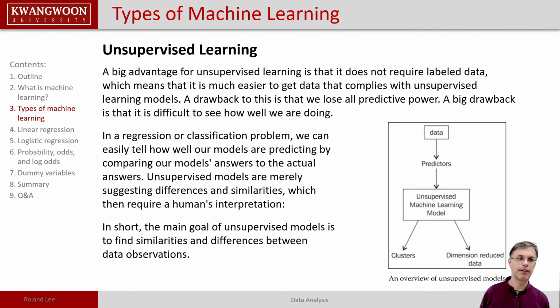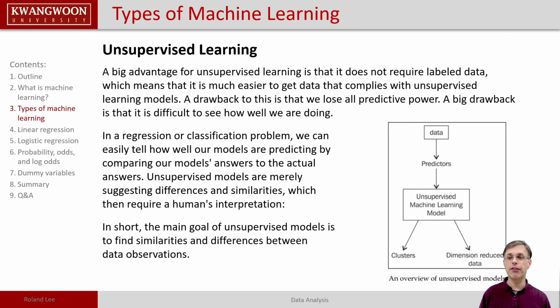A big disadvantage is that it is difficult to see how well we are actually doing. In a regression or classification problem, we can easily tell how well our model predicts, right? By comparing our model answers to the actual answers. For example, if our supervised model predicts rain and it is sunny outside, the model was incorrect.